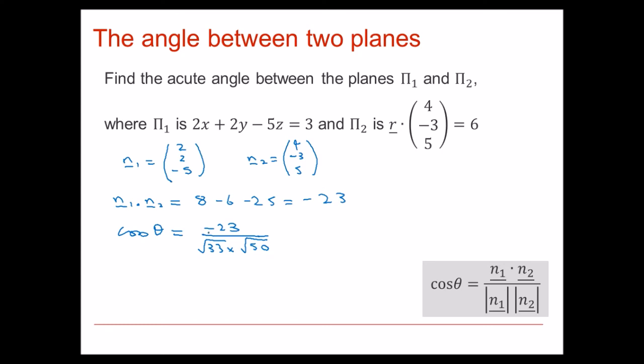So this minus 23, this negative value here, is an indicator that we are going to get an obtuse value for theta from the calculator. And indeed, we get theta is 124.5 degrees. And if we want the acute angle, which is asked for in the question, we would do angles on a straight line and simply quote 55.5 degrees.